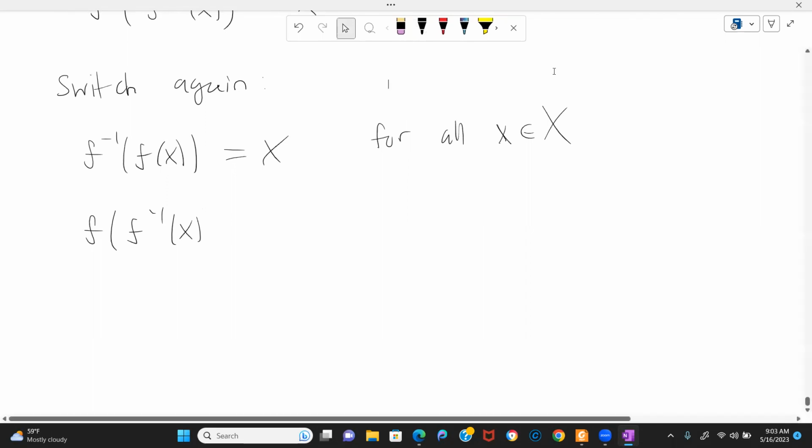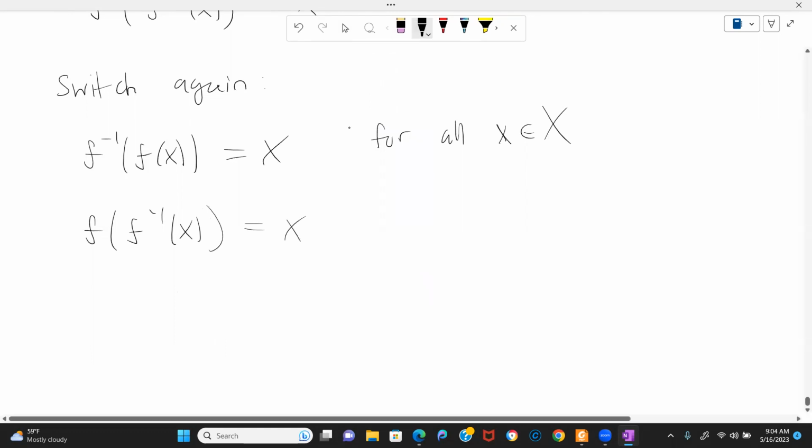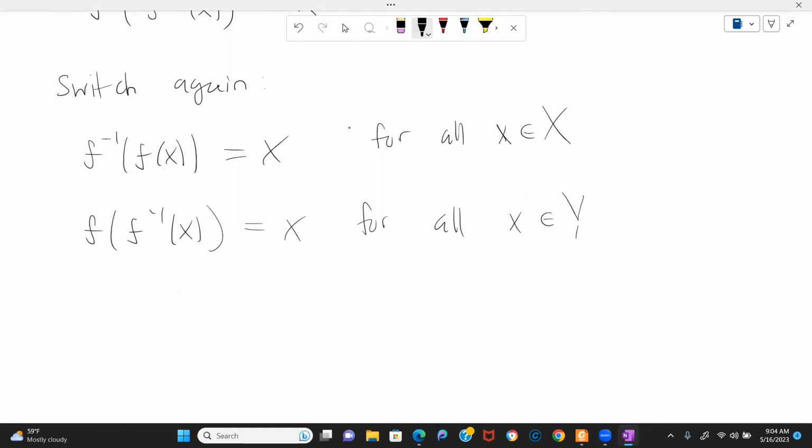Doesn't really matter. You can use x in both cases. In fact, I'll just keep it that way. Oops. So x for all x in y. These are just dummy variables, they don't matter.